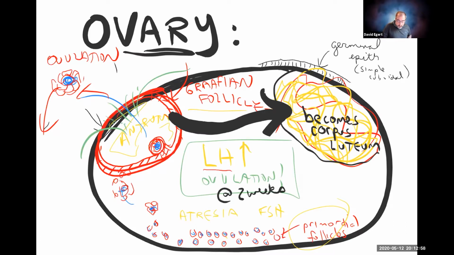On day 1 of the cycle, some of these primordial follicles start growing. 2 weeks in, we have a complete Graafian follicle, spike in luteinizing hormone, and the egg gets popped out. And then these cells that are remaining in the ovary restructure into this corpus luteum, and this produces progesterone.